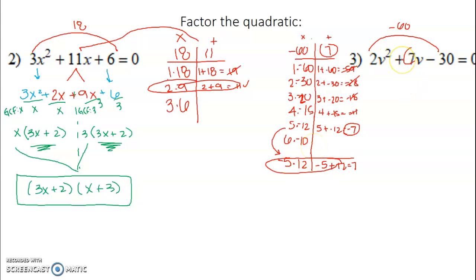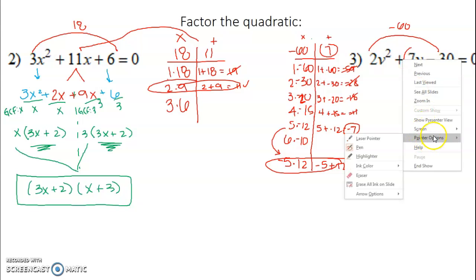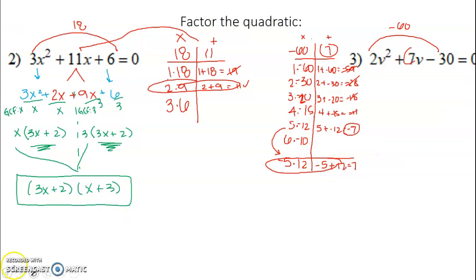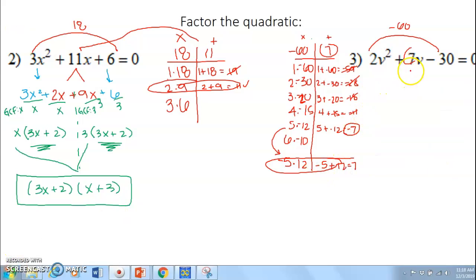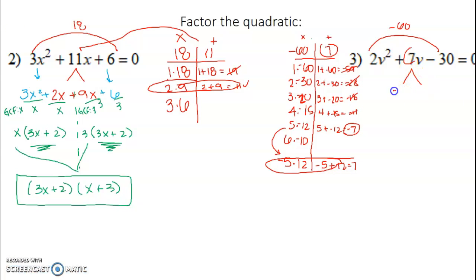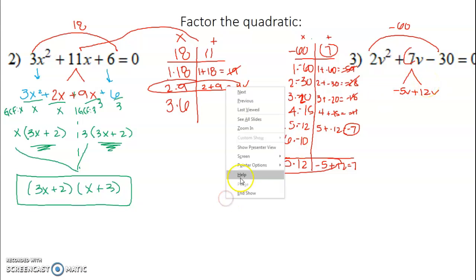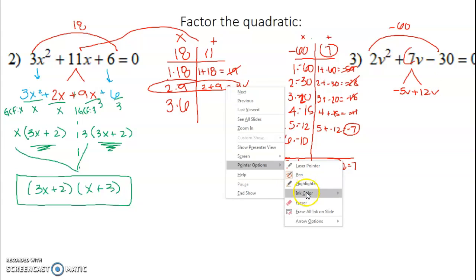So I'm going to use those to rewrite this problem. I use my negative 5v and my positive 12v to change that 7v. I'm not going to change anything else in the problem.